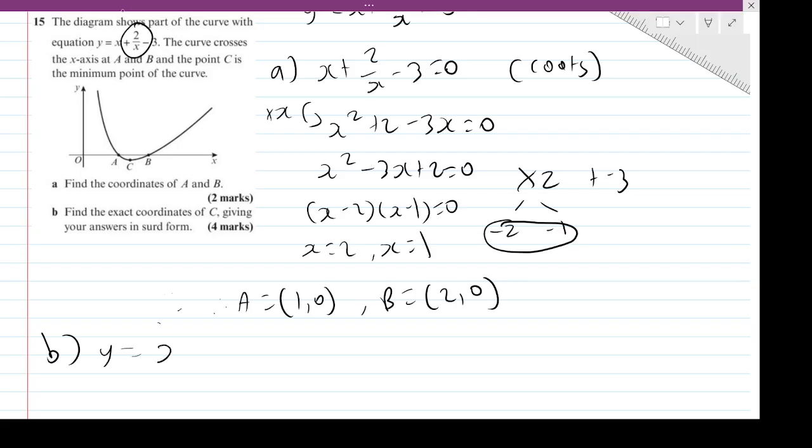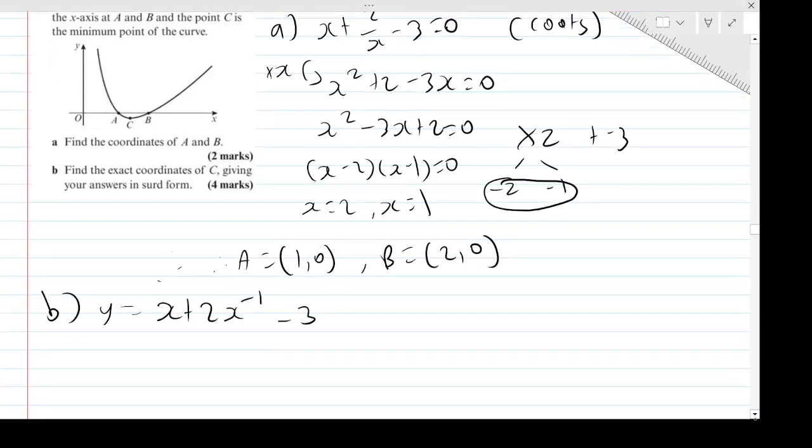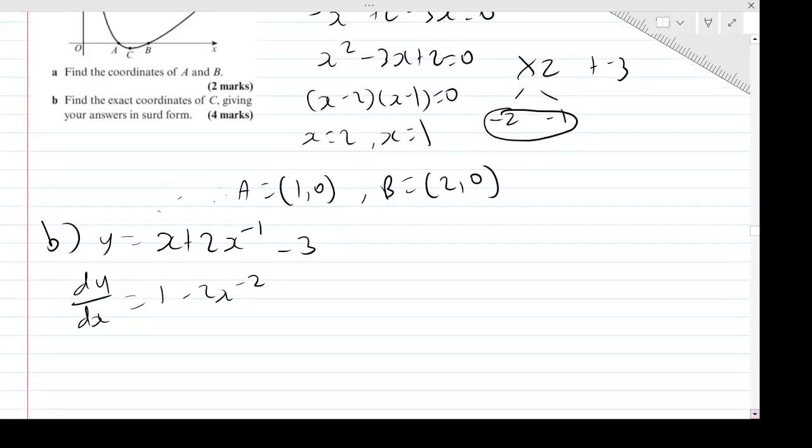So that's x add 2x to the minus 1 minus 3. And now I can differentiate. So dy/dx: x goes to 1, 2x to the minus 1 goes to minus 2x to the minus 2, and then minus 3 goes to 0. Okay, so then I need to set this to 0, as it's a stationary point.